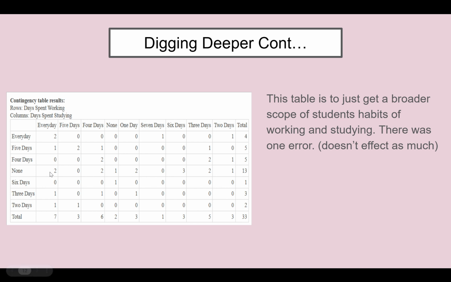But that doesn't seem to be correct, because where there are people not working any hours per week, it was only two studying every day. And two people studying every day and working every day is pretty interesting.